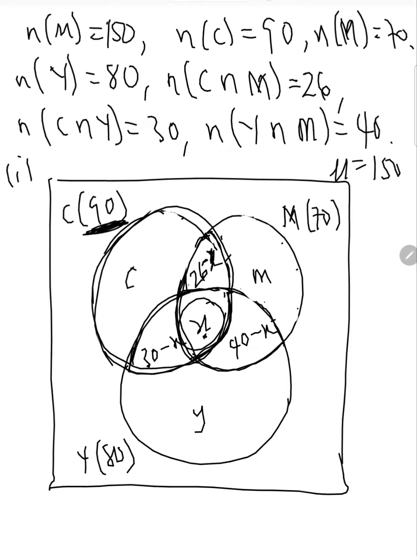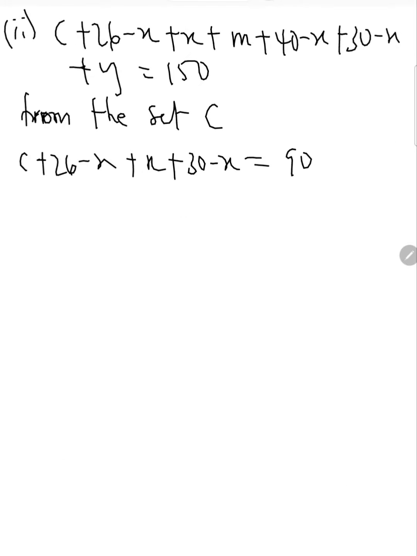So when we sum everything in the set C, c is in it, 26 minus x is in it, x is in it, 30 minus x is also in it. So when we sum everything, we must arrive at the value 90. So now we have c plus, grouping like terms, c plus 26 plus 30 minus x plus x minus x equal to 90.